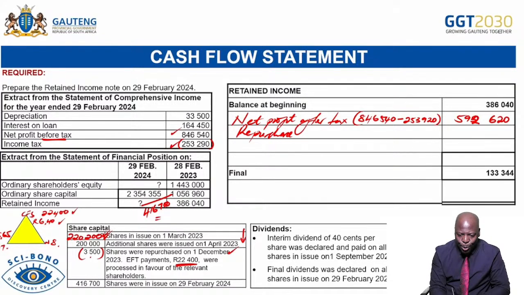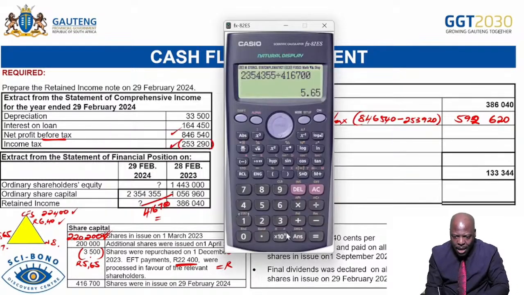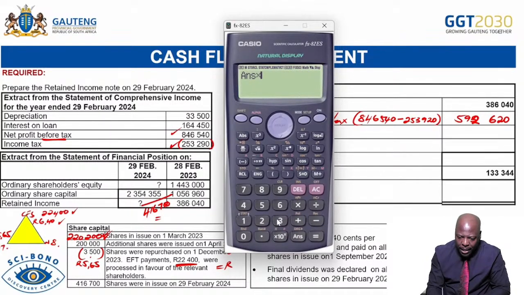And then, so I am able now to do two things. The first way is to say, if we repurchased 3,500 shares and the average price was 5 rand 65, how much was the average amount in total? So I can now say my 5 rand 65, multiply that by 3,500.